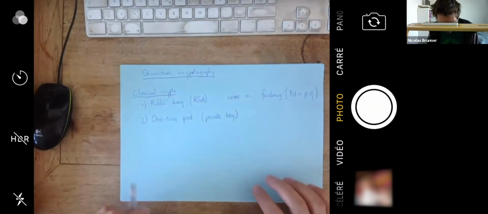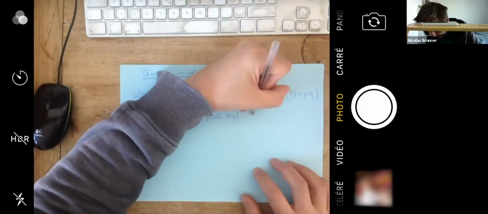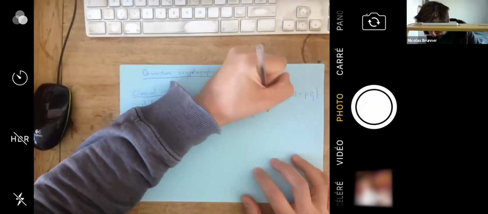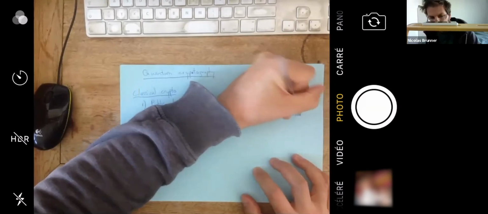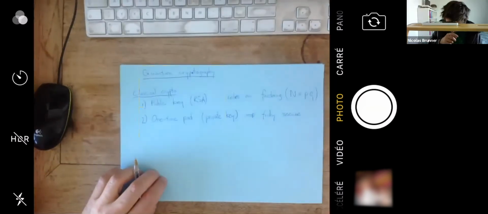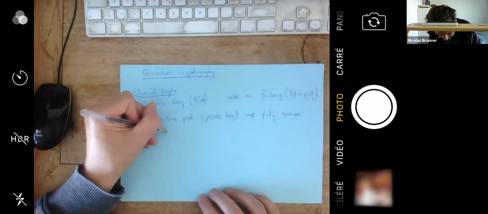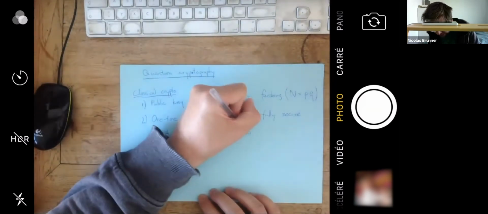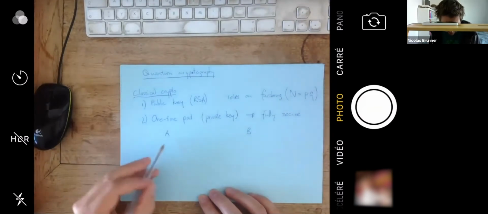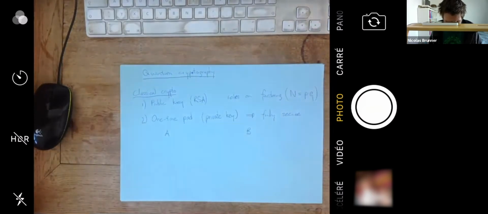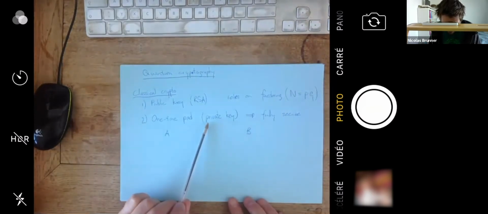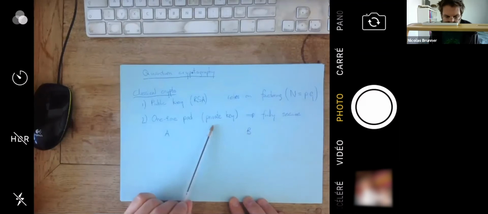And this is a system that is wonderful because, let's write it like this, it is fully secure, okay? Or unconditionally secure. So how does it work? Let's see. So we have A and B, as usual, where A would like to send a secret to B. And now you see what we have here is something available that is of very high value, namely a private key.